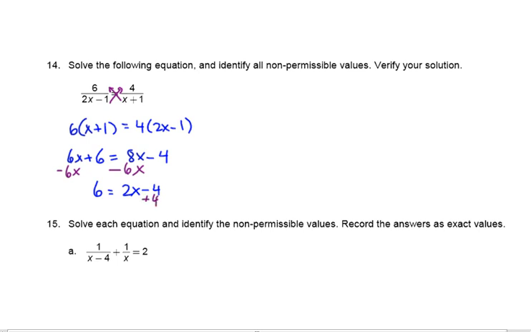Add the 4, bring all the numbers together. 10 equals 2x. So divide that by 2. Okay, so 5 is equal to x.